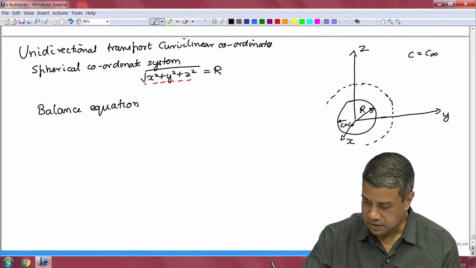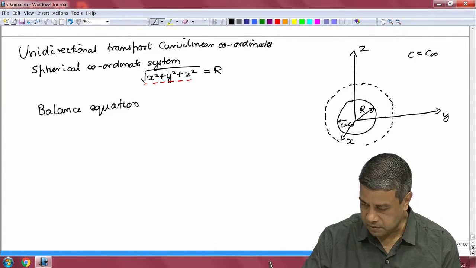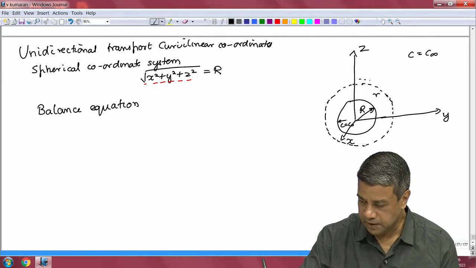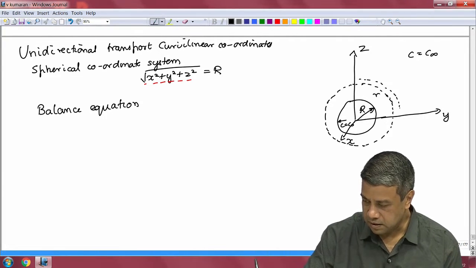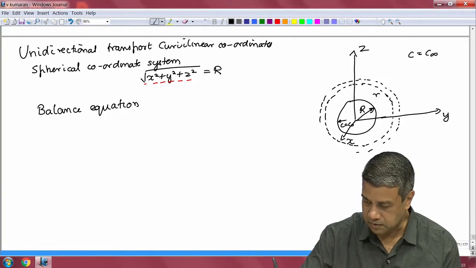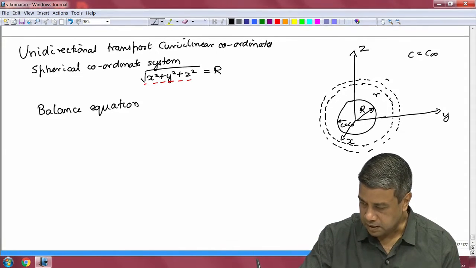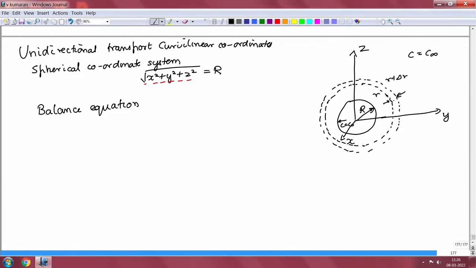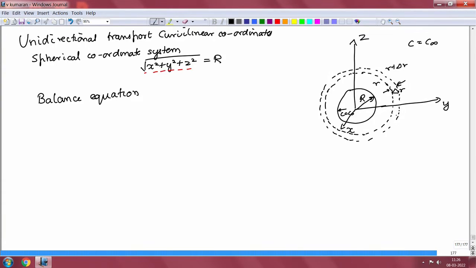So, that differential balance is between two surfaces of constant coordinate which are located at r and at a small increment in the coordinate, which will be r plus delta r. The thickness of this volume will be delta r. So, it is for this volume that we will be doing a differential balance. This is bounded by two surfaces.